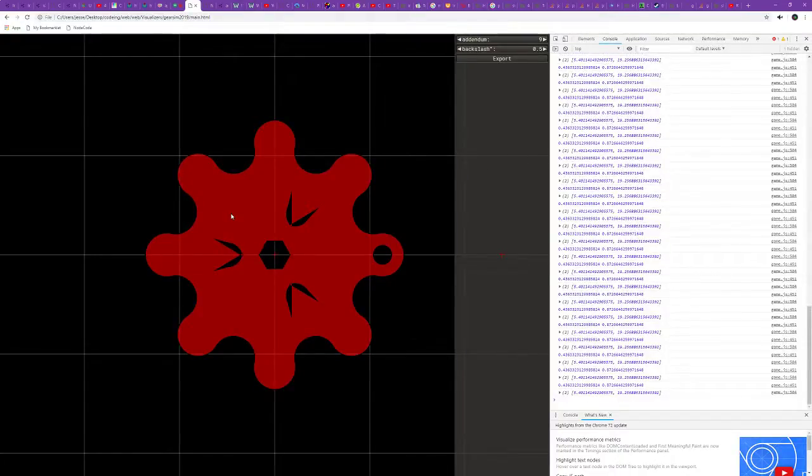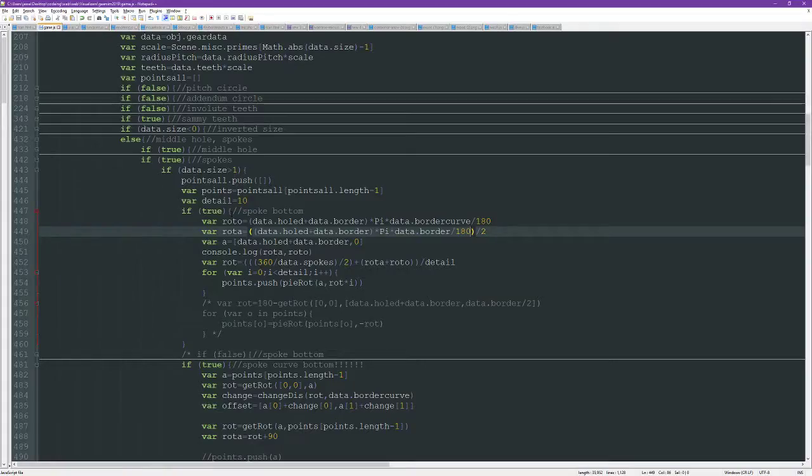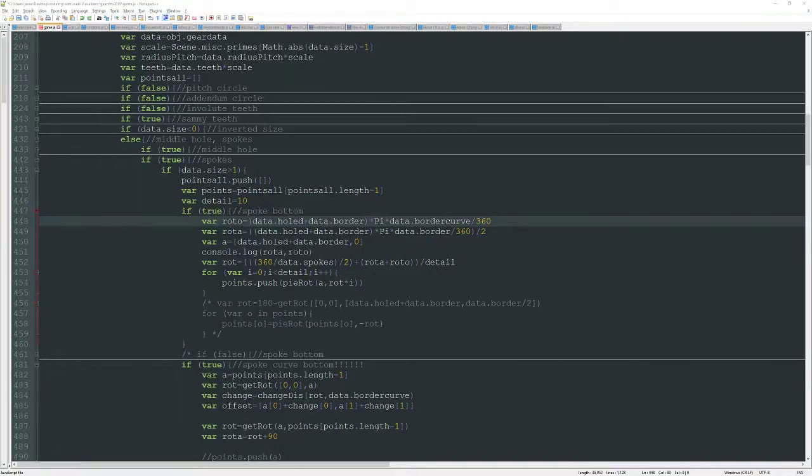Is this in radians? Yes, this would be in radians because pi. How do you convert radians and pi again?